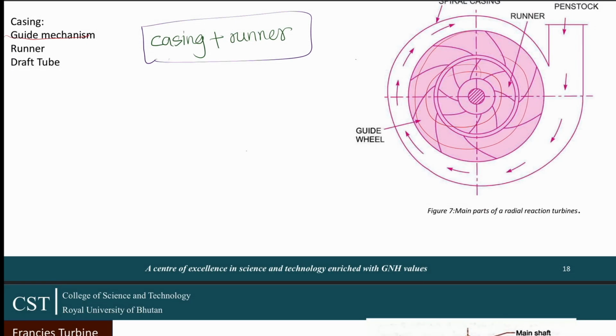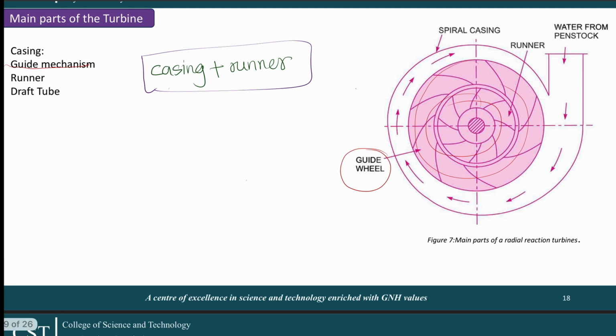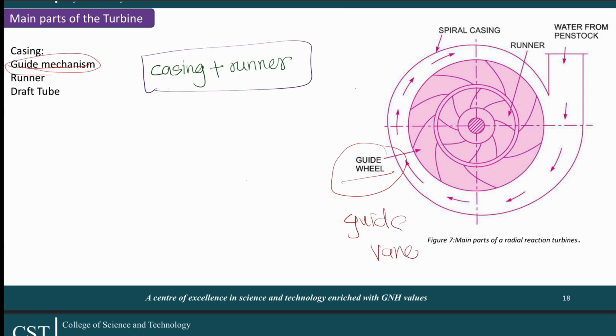The next thing is the guide mechanism, which is represented as the guide wheel in this figure. Another name for it is the guide vane.